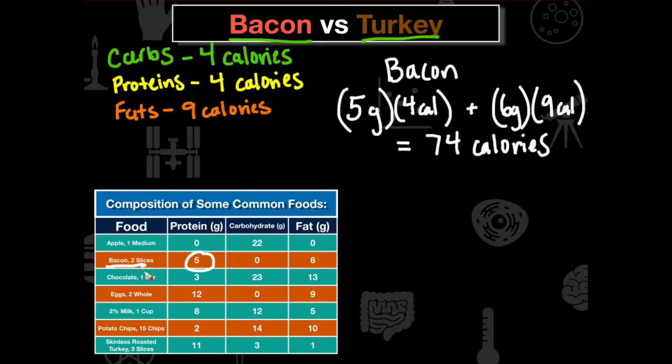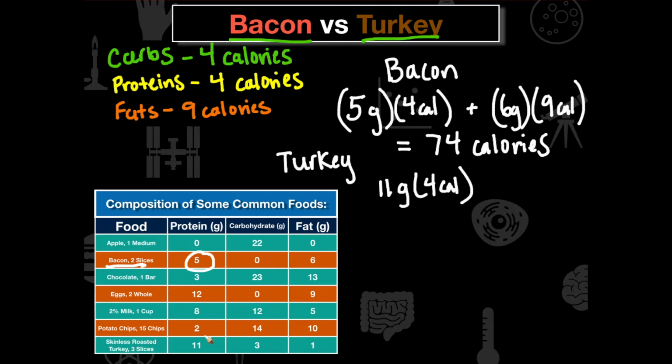Remember, we have 2 slices or 2 strips of bacon here. Now, if we look at our skinless roasted turkey, let's take a look at this. I'll write down turkey here, so that we know we're looking at our 3 slices of turkey. We have 11 grams of protein, and those are 4 calories per gram.